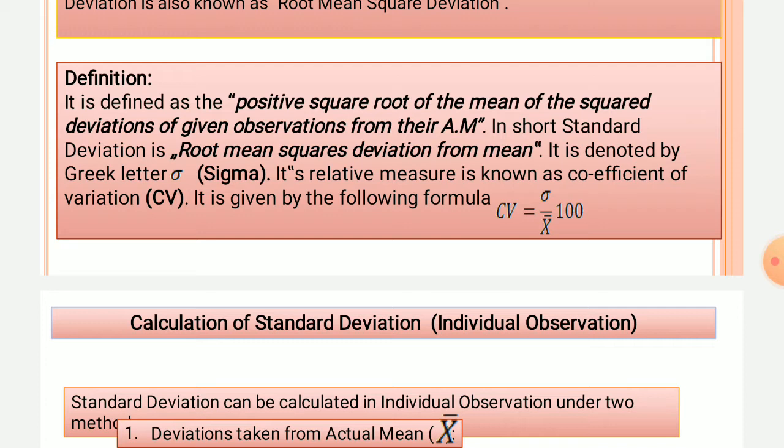The formula to calculate CV, the coefficient of variation, is equal to sigma by mean into 100.